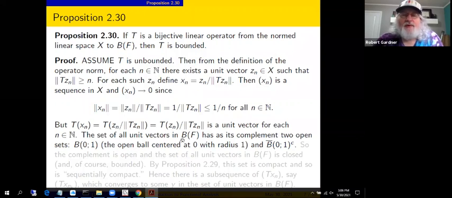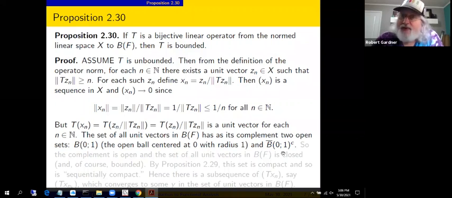Now, the set of all unit vectors in B of f has as its complement 2 open sets. This is everything except the collection of unit vectors. Think of it as a unit sphere, the surface of that sphere in B of f. We've got the interior of the closed unit disk, the open unit ball centered at 0 with radius 1, and the complement of the closed unit ball. So everything strictly inside the unit ball and everything strictly outside the unit ball.